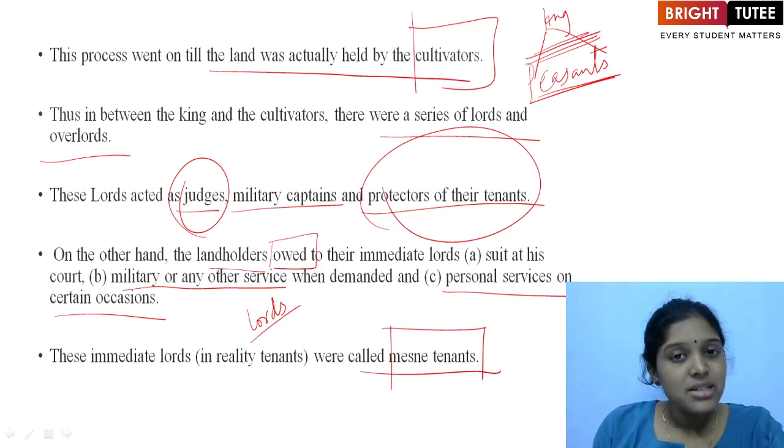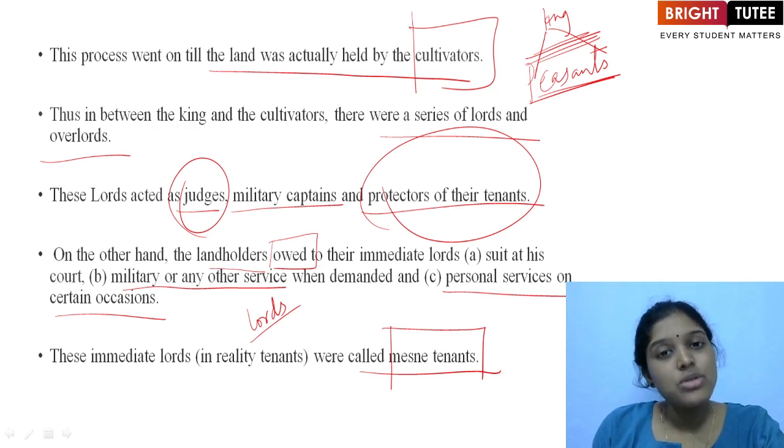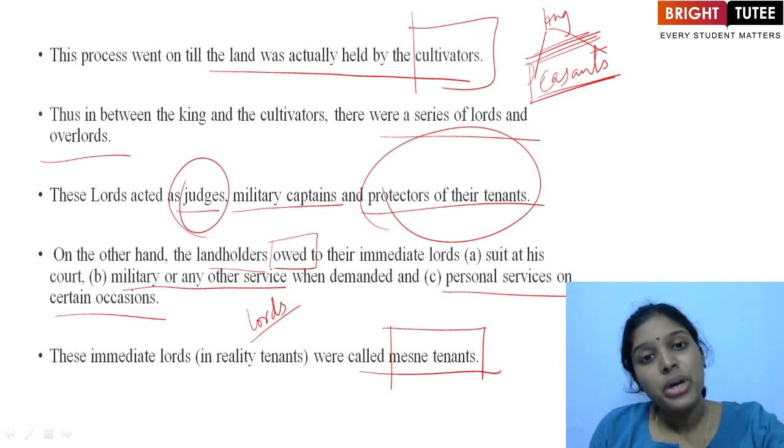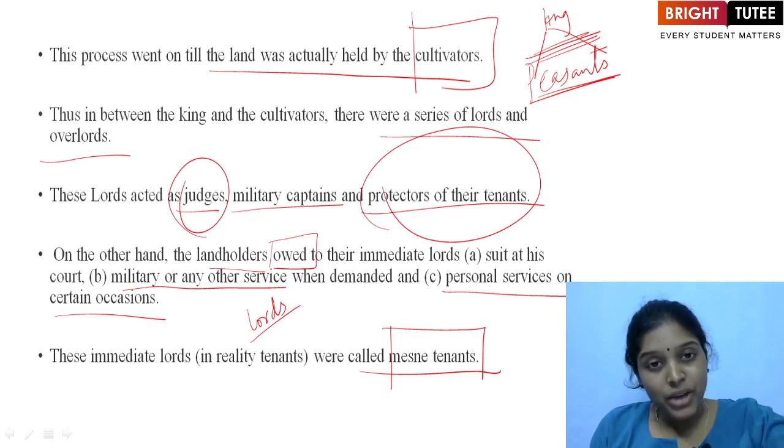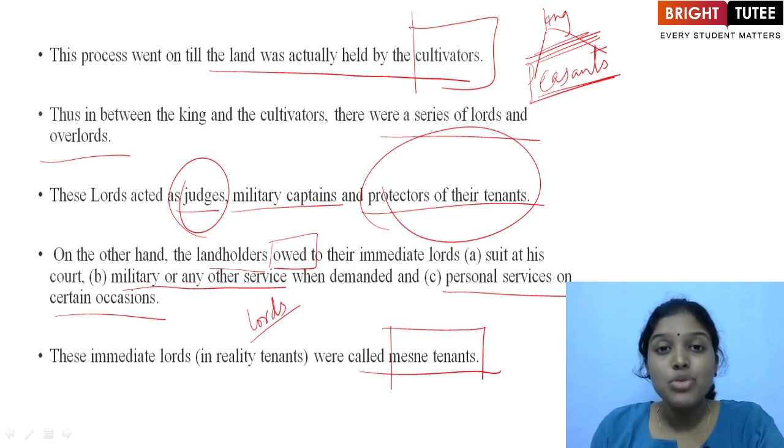The reason is that the lord had also received this land from somebody above him, and that person had got this land from one above him, and finally we reached the level where we had the king, who had the supreme authority over the land, and he was the only owner of this land.